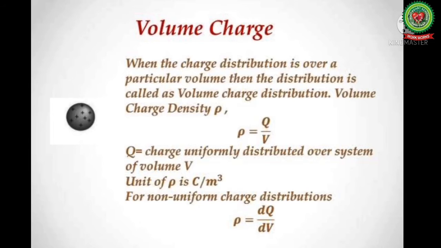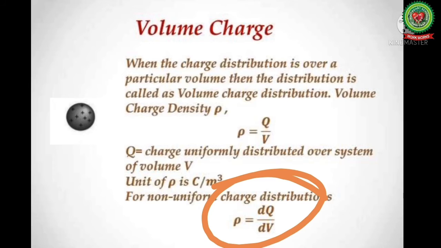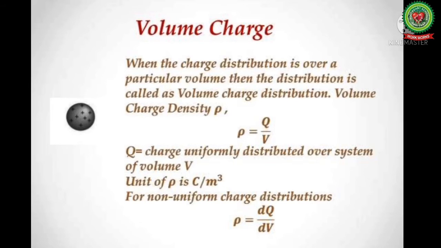Here Q is the charge which is uniformly distributed over volume V. The unit for rho is coulomb per meter cube. For non-uniform distribution of charge, the volume charge density becomes rho equal to dq over dv. So children, I hope you have understood the topic of continuous charge distribution.